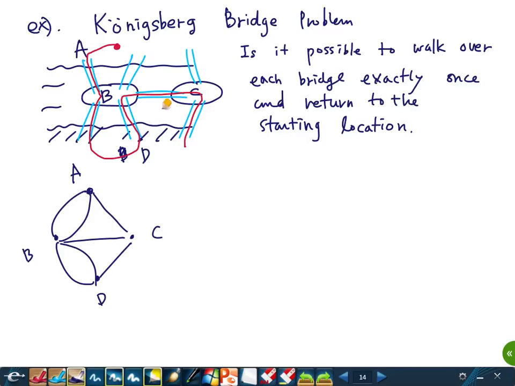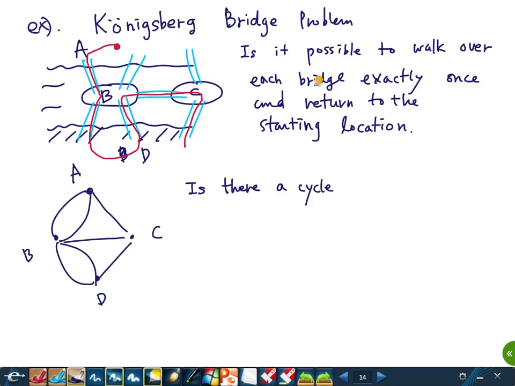And now in this graph, the question can be rephrased like so. Is there a cycle? Cycle means something that goes from one point, and then we move around and return to itself, the original vertex. But we use one edge at most once. That's what a cycle means.